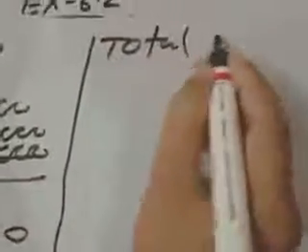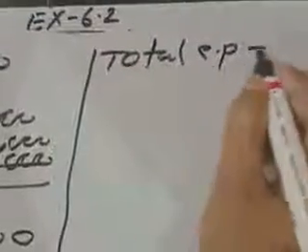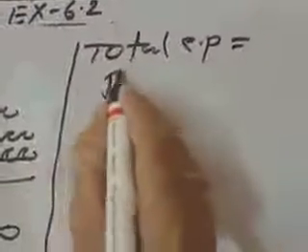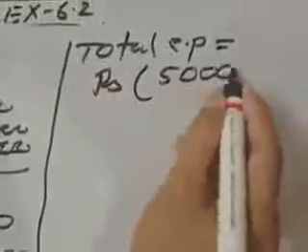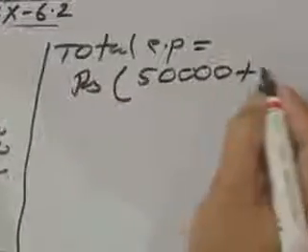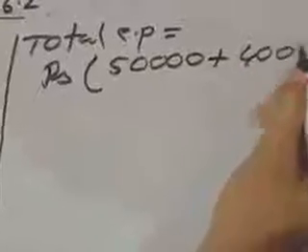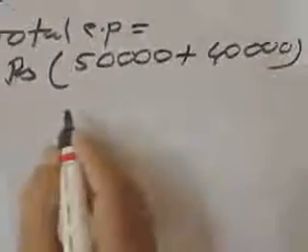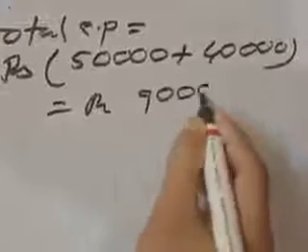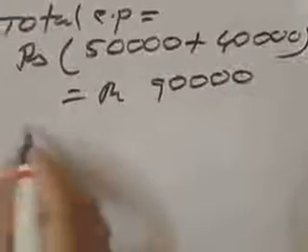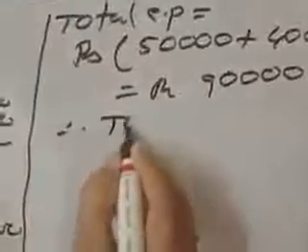Now total CP, how much? Total CP is equal to rupees, first gadget 50,000 and second gadget 40,000. So total it will be rupees 90,000. Now total SP.